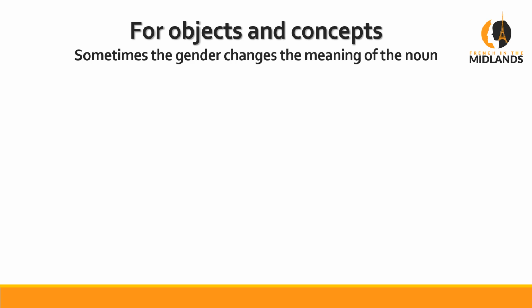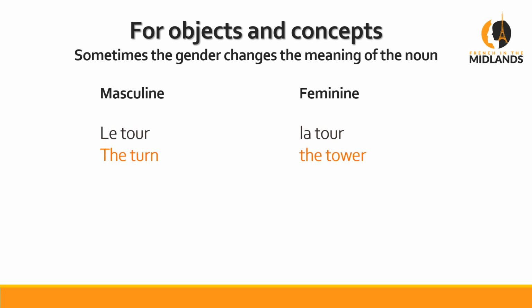Now, where I want you to be extra careful is certain objects and concepts have different meanings according to their gender. So the word itself doesn't change, but according to whether you put un or une in front, totally different meaning. And I'm giving you three main ones here. Le tour, which is the turn, as in whose turn is it, versus la tour, which is the tower.